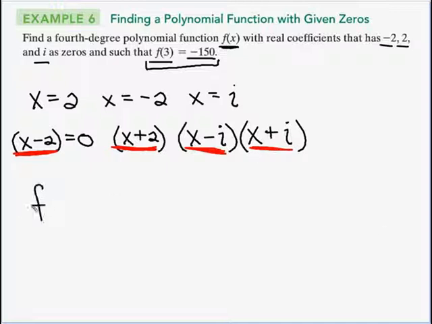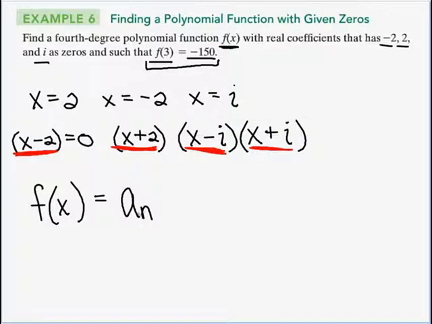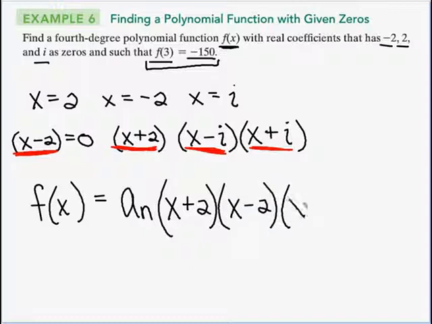Our function f of x is going to be written as those 4 factors multiplied out, but don't forget there could be a constant at the beginning, and I think they used a sub n. Yeah, right here, a sub n. So there's some constant here we haven't figured out yet, but we know after that we multiply all our factors: our x plus 2, our x minus 2, our imaginaries, x minus i, and x plus i.